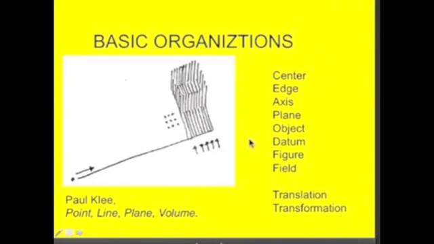What do you get? A plane. If you take the plane and you take the field of points on the plane and you translate them vertically, what do you get? A volume. So in this little drawing, Paul Klee is more or less identifying everything you need to know about architecture and form. Of course, how you use these terms is up to you.